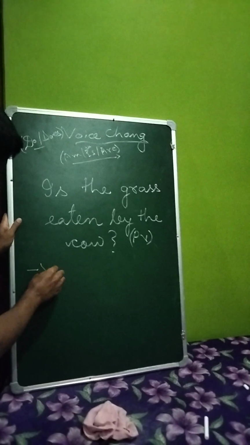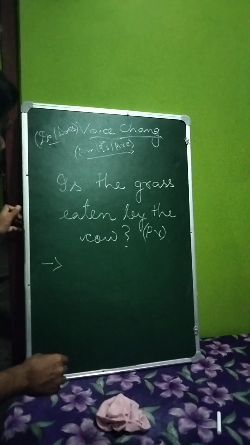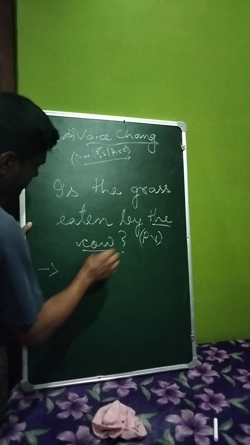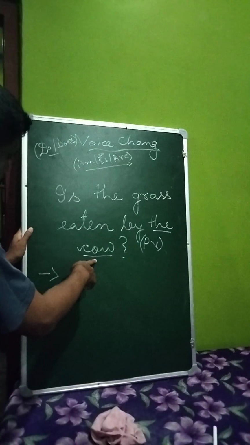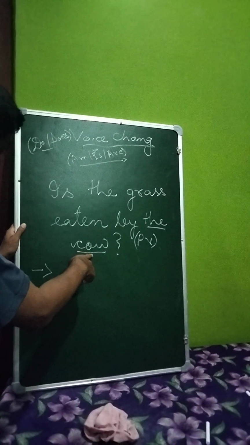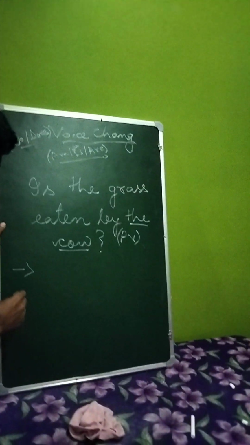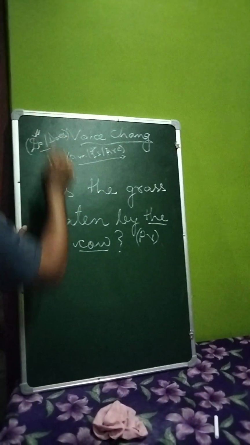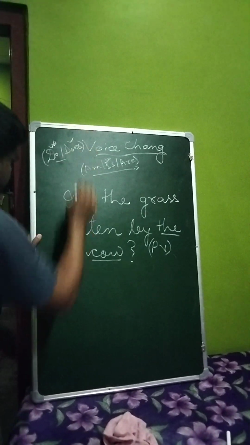Now how are you to change it? Is the grass eaten by the cow? So you have to find out the object. Object is the cow. So here the cow is third person and the number is singular. So here you have to take the auxiliary verb do. It will be does.